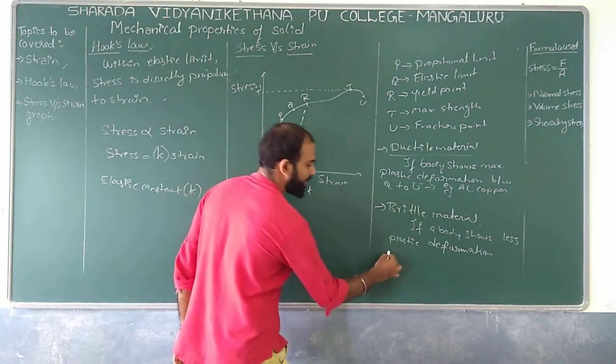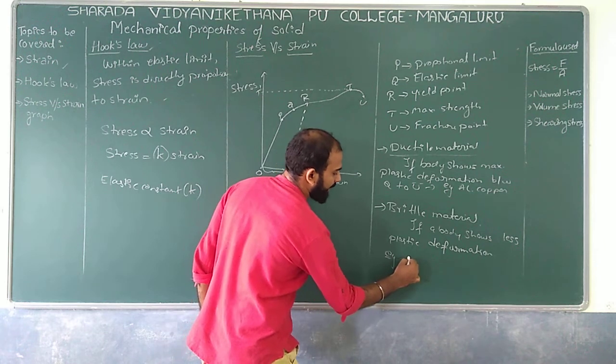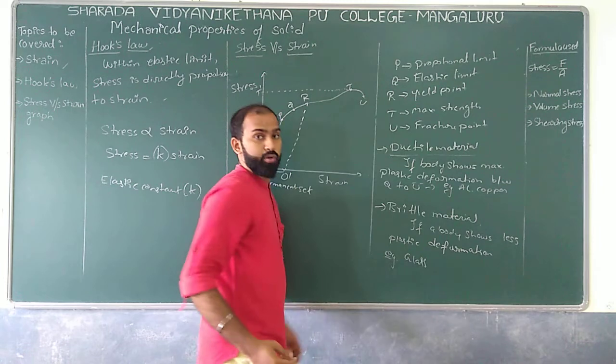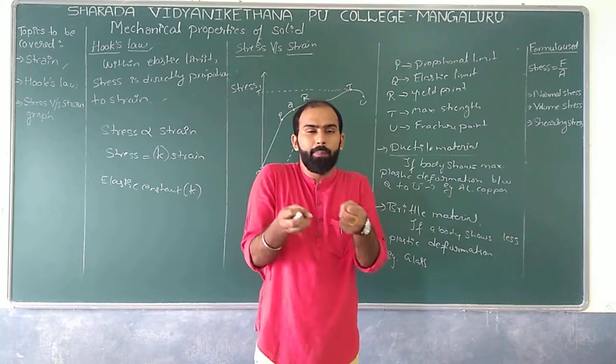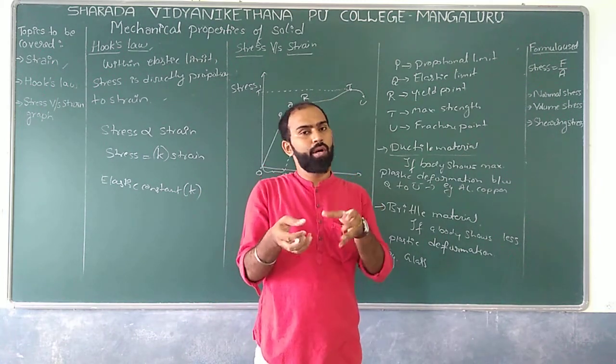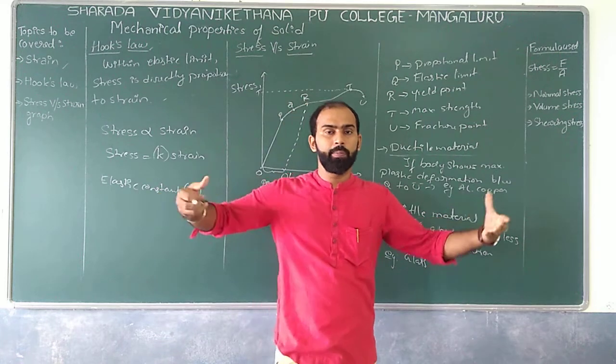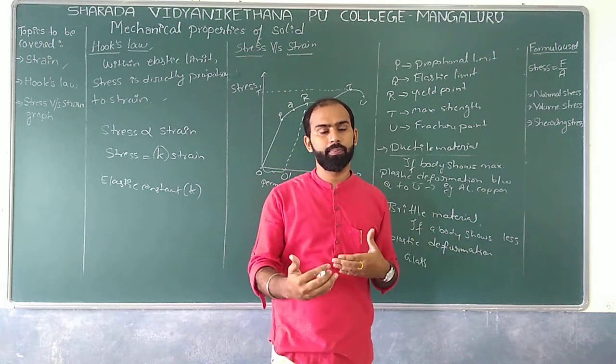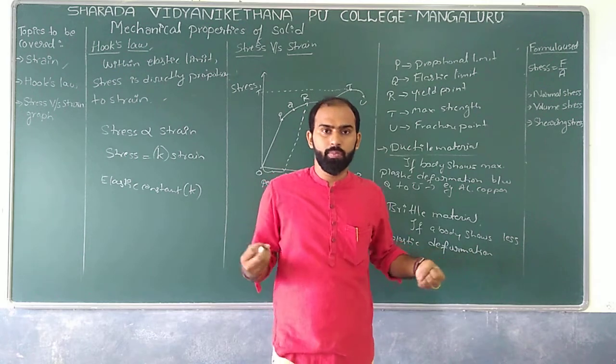So which example can I take? Example I can take is glass. Correct, no? In terms of glass, if you apply a small amount of force also, it is not going to take any elongation or extension. It is going to break fast. You cannot extend that particular object, correct?